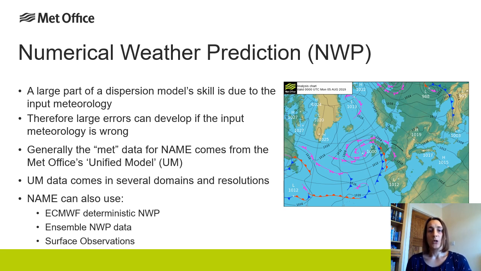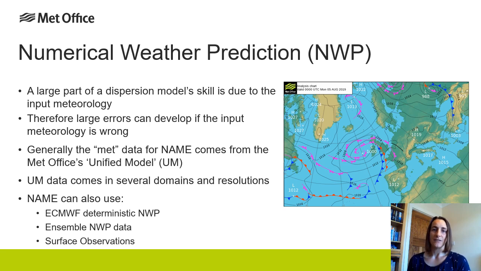And a large part of the dispersion model skill is actually due to the input meteorology. So if your input meteorology is wrong, or for example, it has a high pressure system in the wrong place, or it has the timing of a frontal system coming through slightly wrong, you can potentially get quite large errors in the positioning of your plume and your dispersion.